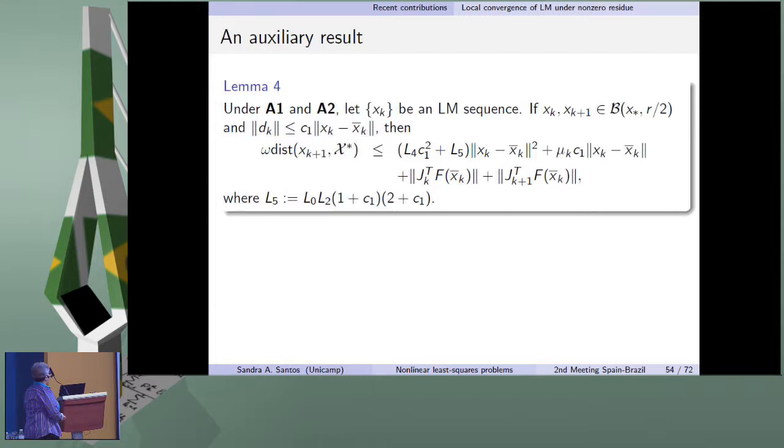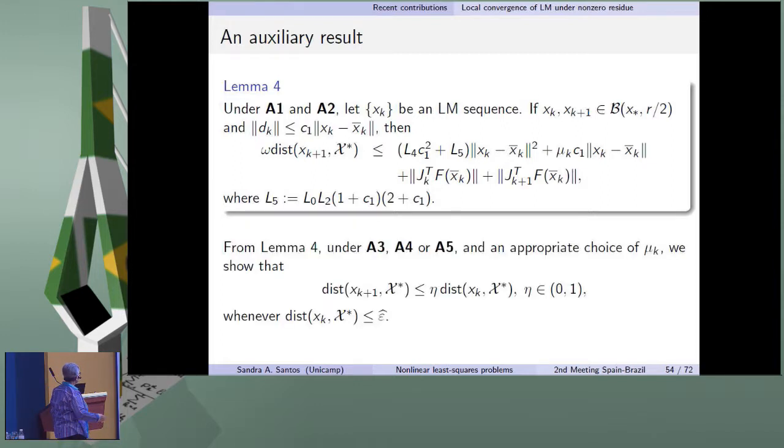Okay, so because of our way of analyzing, and because we don't have zero residual, there are some terms that have to be addressed, and this auxiliary result turned out to be really important in the analysis. Here appear the terms that are going to demand assumptions 3, 4, and 5.